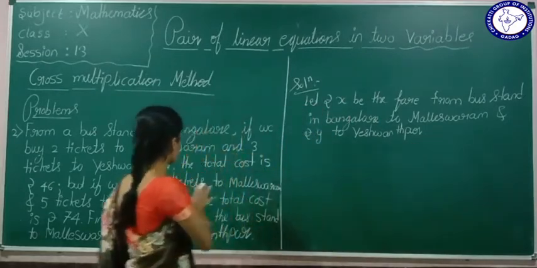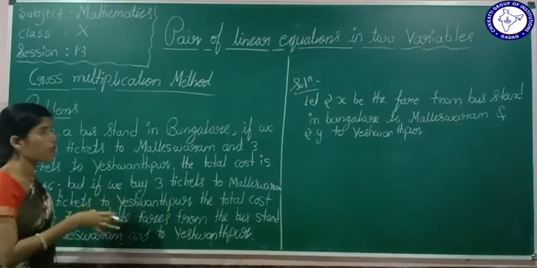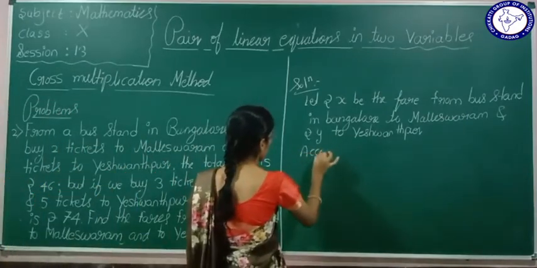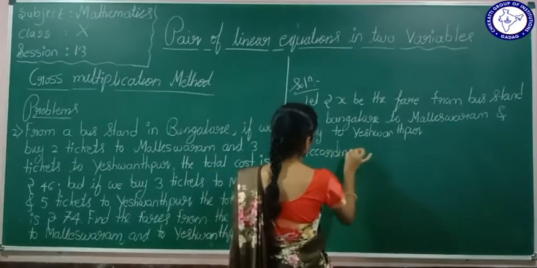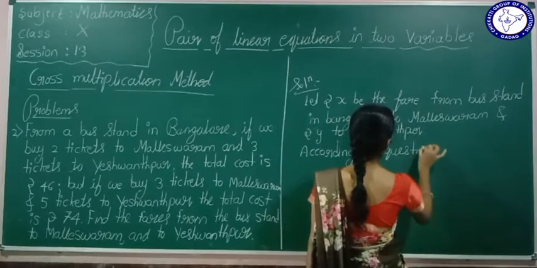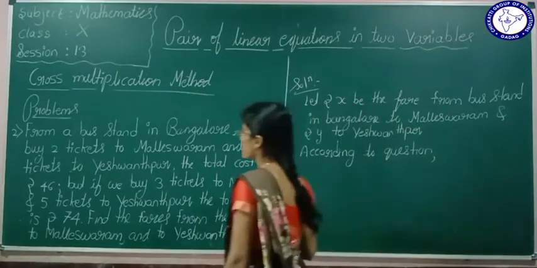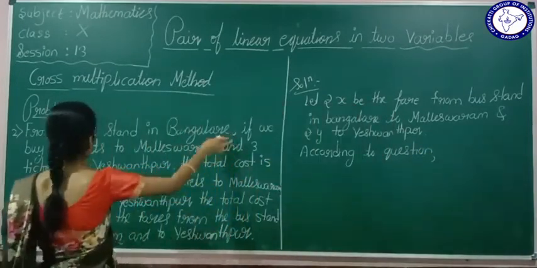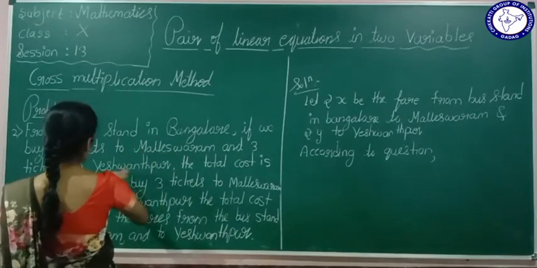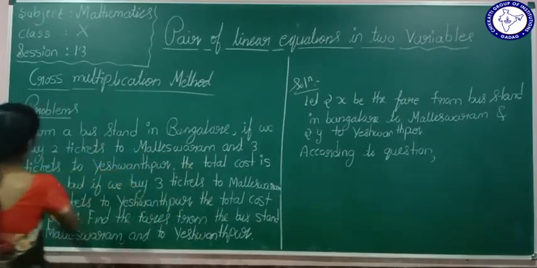According to the question, we will form the linear equations. If we buy 2 tickets to Malleshwaram and 3 tickets to Yashwantpur, the total cost is rupees 46.